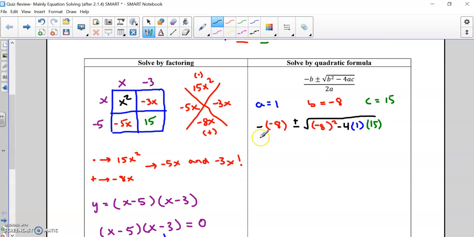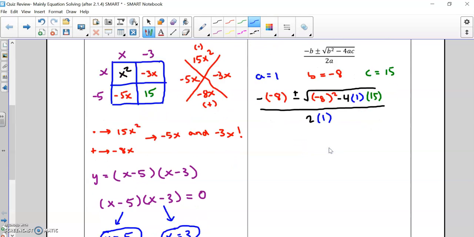And then we put all of that over 2 times a, and again our a is 1, so that's what we're going to put there. Once you have set it all up in the formula, you are ready to go ahead and start simplifying things.